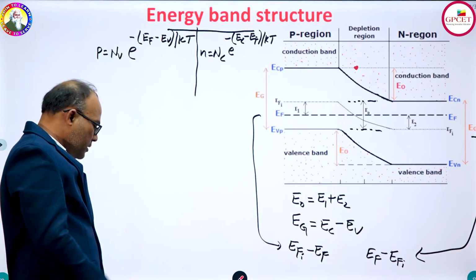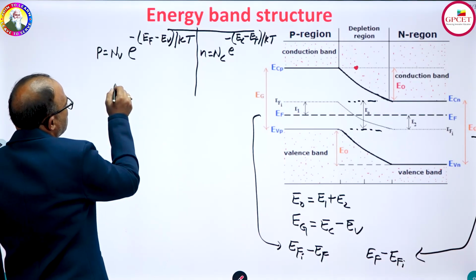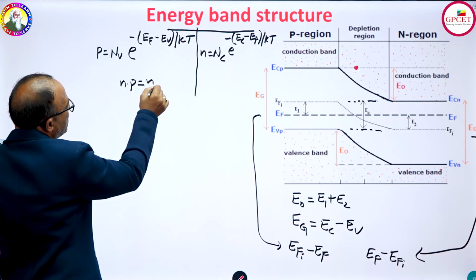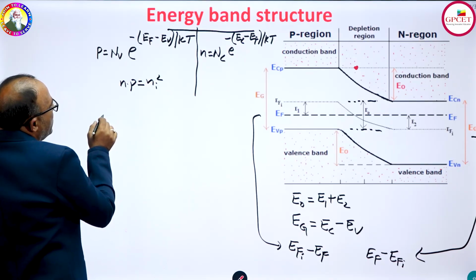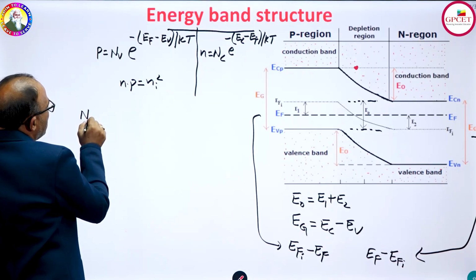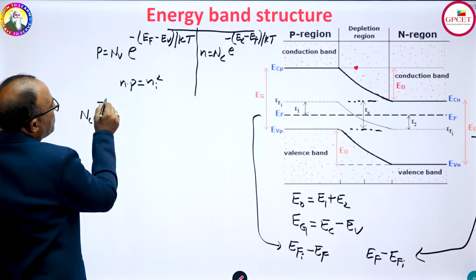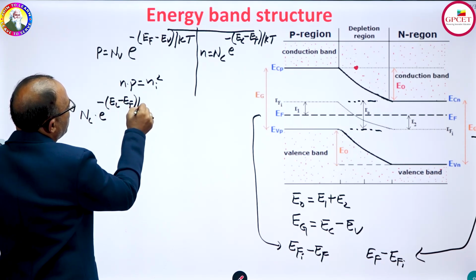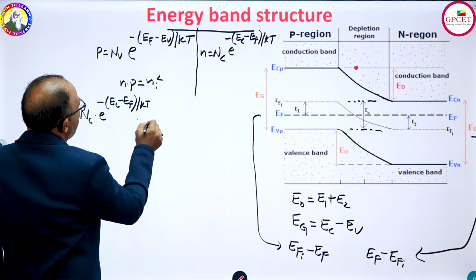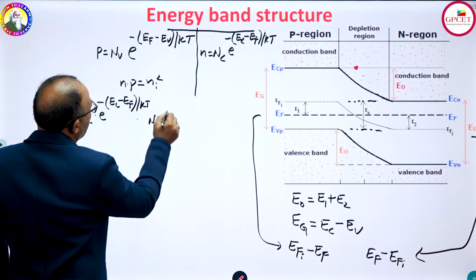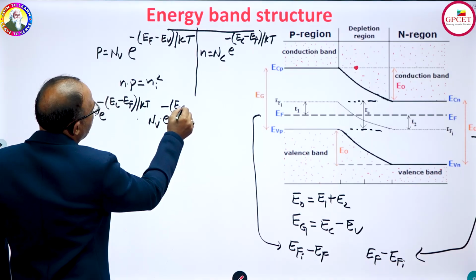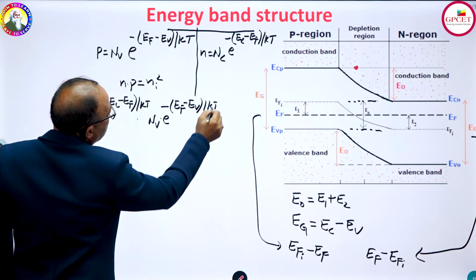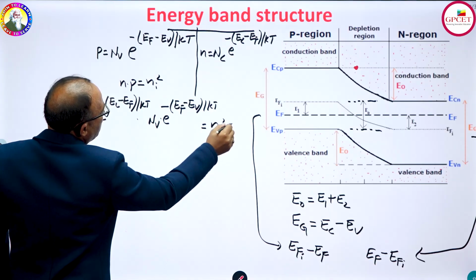As we know, according to the mass action law, N into P is equal to Ni square. So N into P is equal to Ni square. N is NC into e power minus of EC minus EF divided by KT, into NV into e power minus of EF minus EV divided by KT, is equal to Ni square.